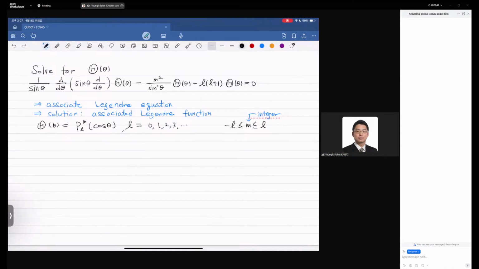To be more specific, I replace cosine theta with an x to make things simple. It is this known form. Rather complicated, but it is a complete analytic form.